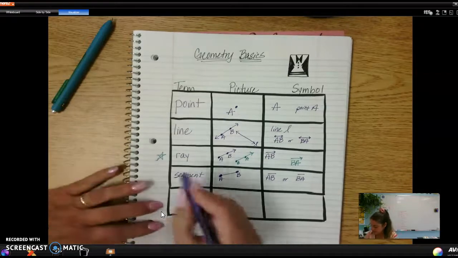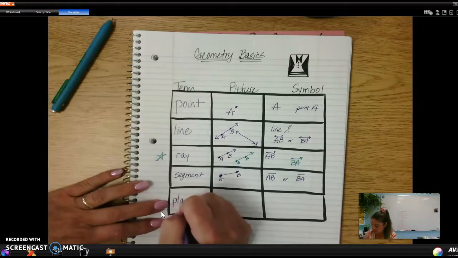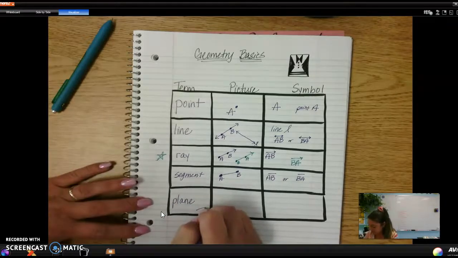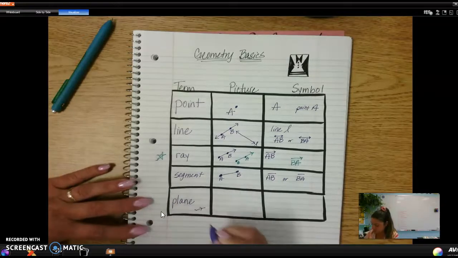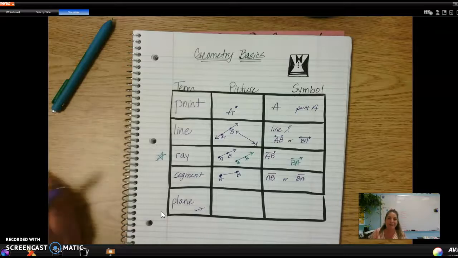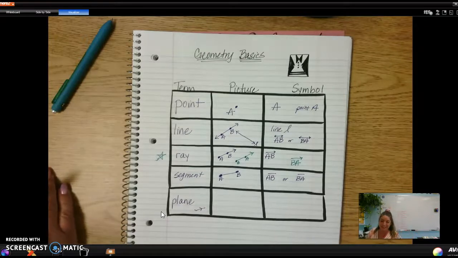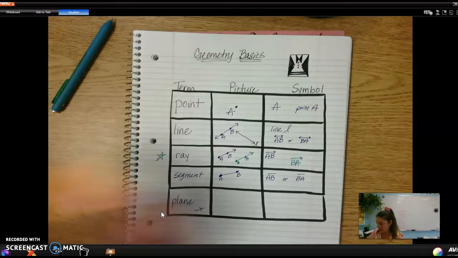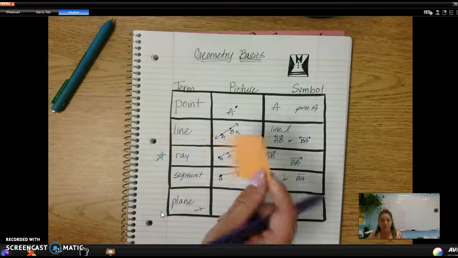The last thing that I want to talk to you about is what is called a plane. And this is not the airplane, right? This is not the airplane that we all take, Southwest or Frontier, to go on a trip somewhere. This is a geometric plane, okay? A plane in geometry, sometimes people like to think of it as a two-dimensional piece of paper, right?